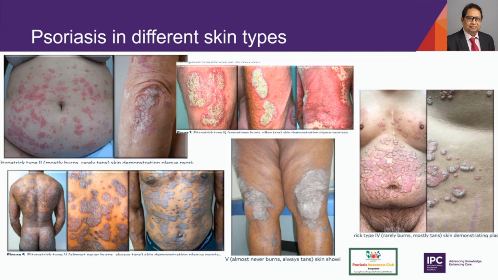The color is salmon with thick whitish scale. Gradually it comes to a violaceous background with grayish scale, and ultimately the skin color is changing, and the plaque is changing to a violaceous base with thick blackish or grayish plaques. So these are the changes we can observe in skin of color.